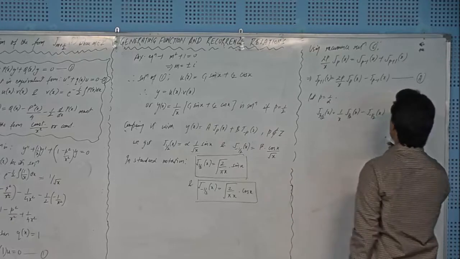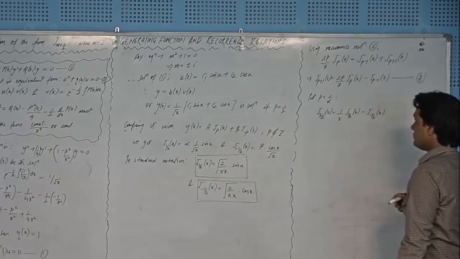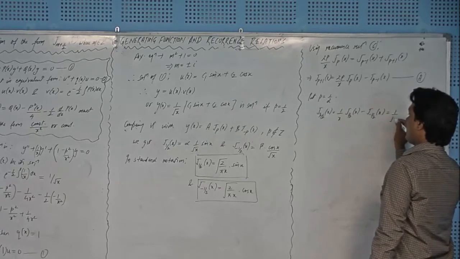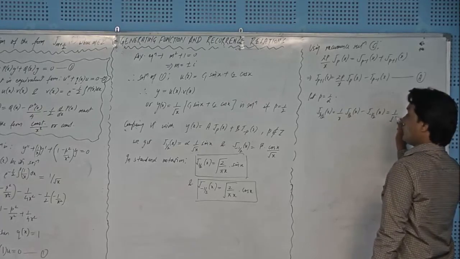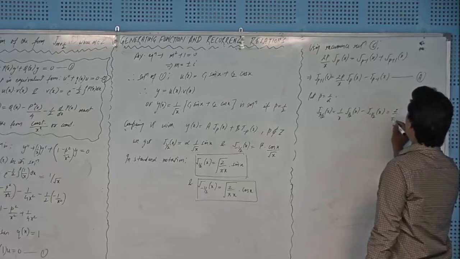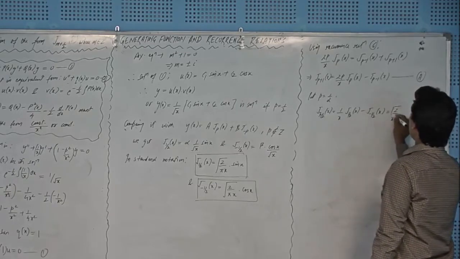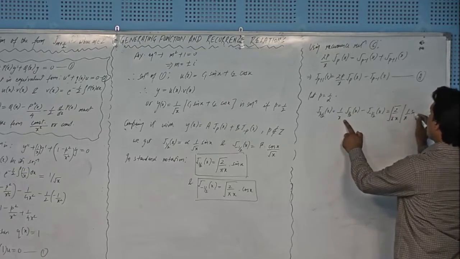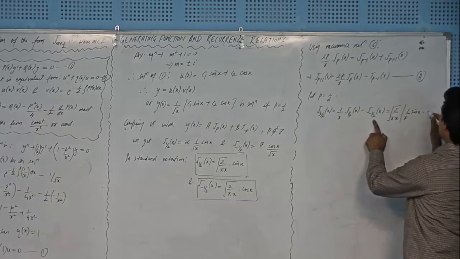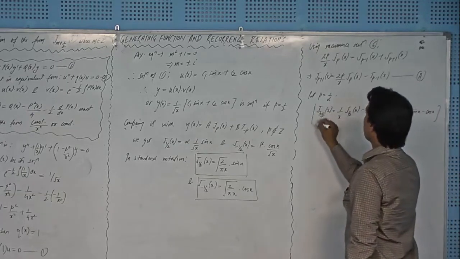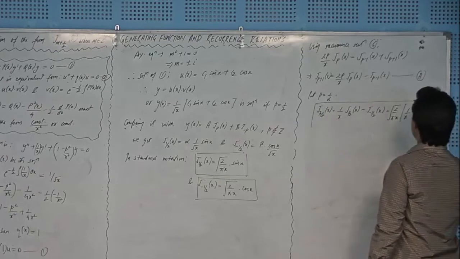J_half(x) is this much, so that will give you root 2 by pi x taken common, and from here you will have (1/x) sin x minus cos x. This is the value of J_{3/2}, right?